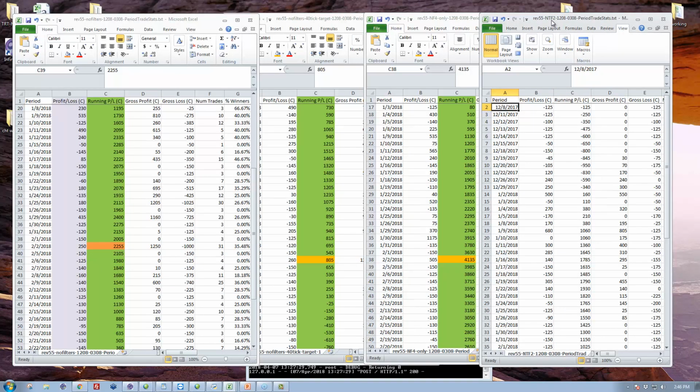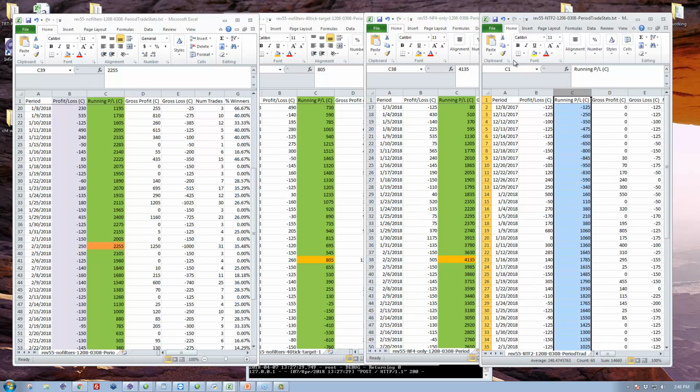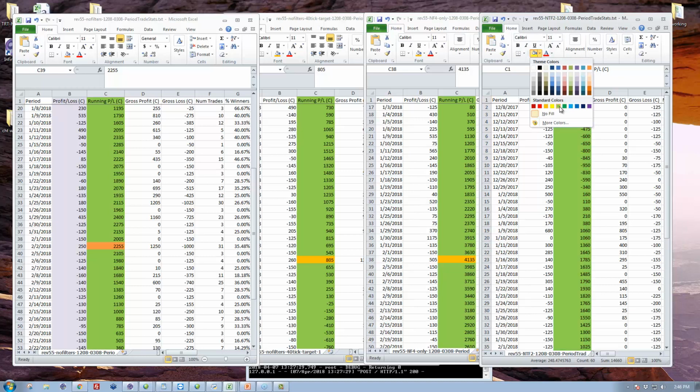This is MTF, not NTF. MTF is multi-time frame. All right, so this is test number 1 again, but using this oscillator as a filter instead of the moving average noise filter. Okay, so let's make this green so it's easy to compare.